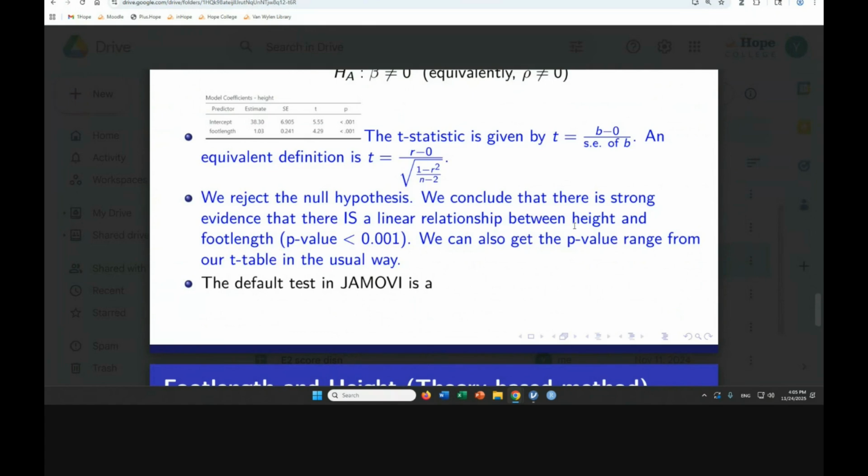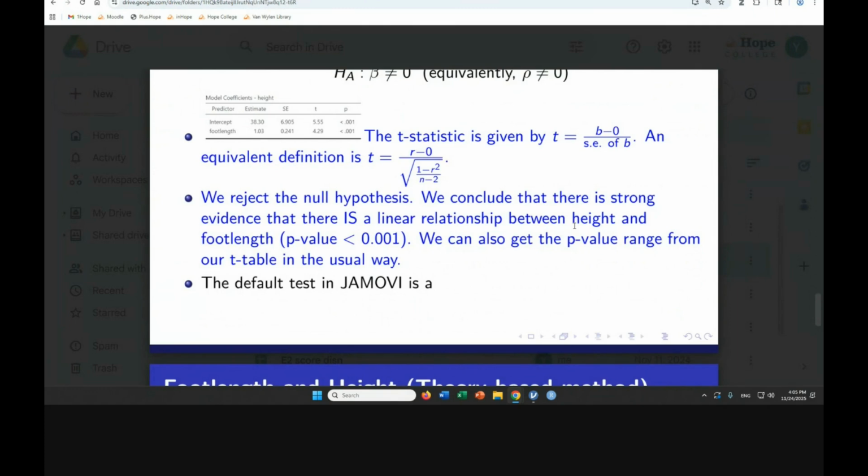Anyone care to guess? Don't use your calculator. This number is so important. This is B over the standard error of B. What do you think the answer is? This is T. This is our famous T statistic here. 4 point something. Yes, this number is so important.